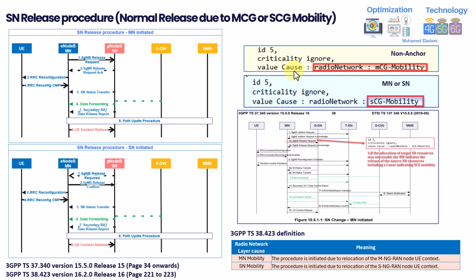That's why the connection will be released for the secondary node, and that's why it's called MCG mobility. Master cell group means 4G to 4G handover. And as you can see in the bottom right, this is the 3GPP description. Again, I will be attaching all the radio network layer causes, not only those, but everything we have about the release in general, either abnormal or normal.